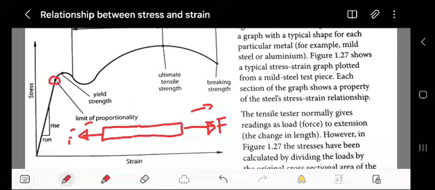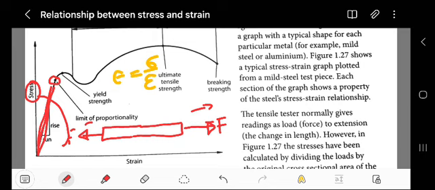Between these two points, you must understand that stress over strain is Young's modulus, given by E. But this E is not the same as that other one.